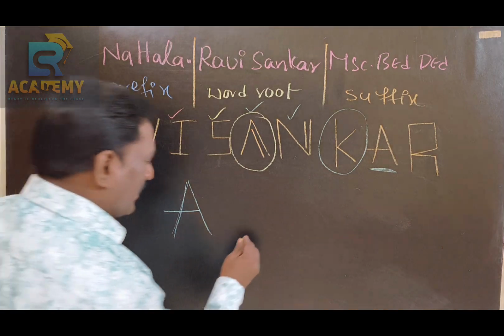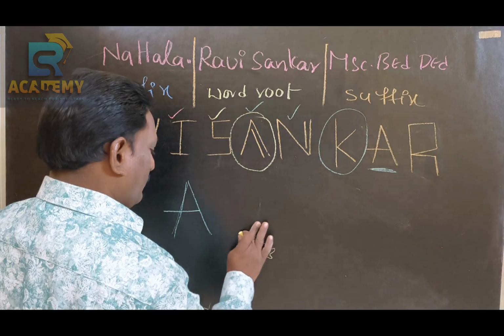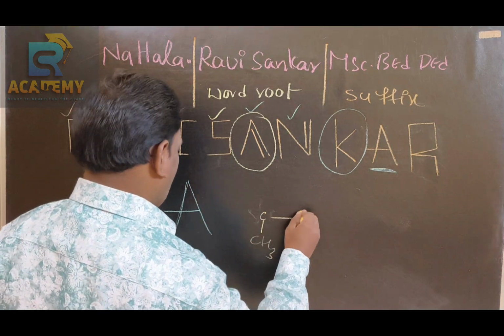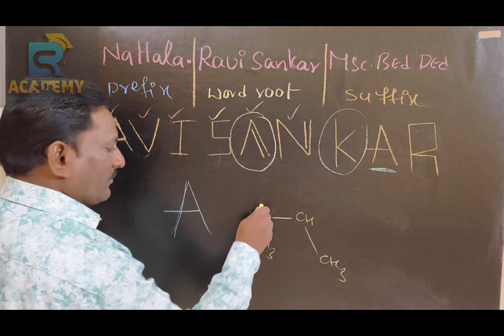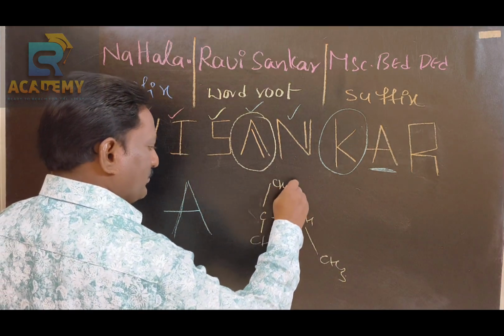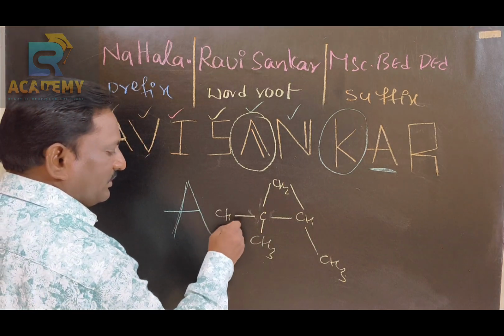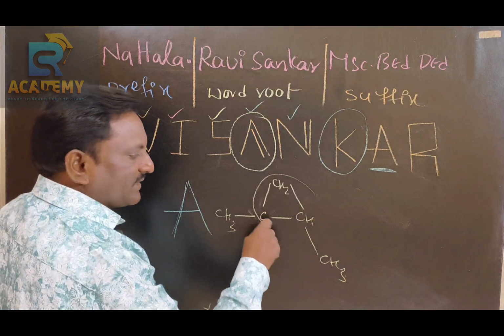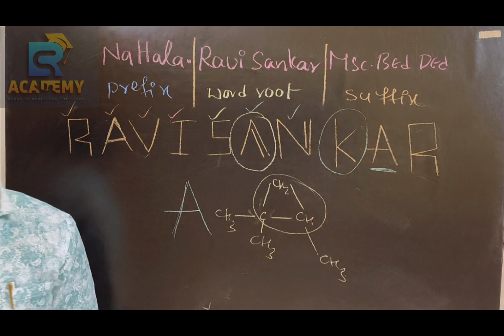So let us write the carbons: CH3, C, CH, CH3, CH2. This is a cyclic compound, so this is the parent chain. These are the branches, right?